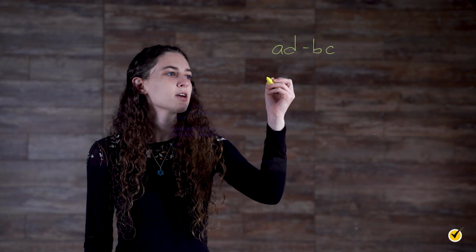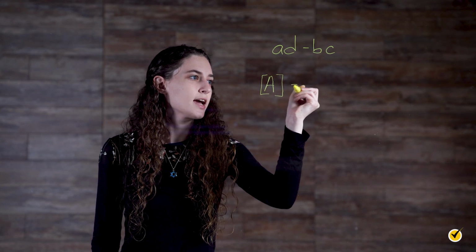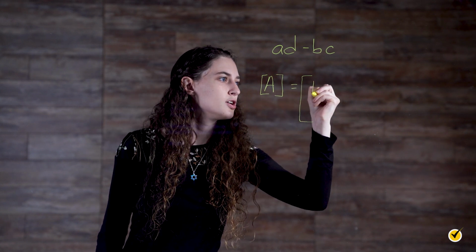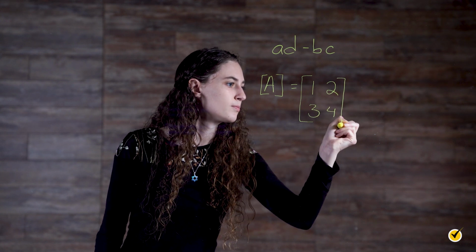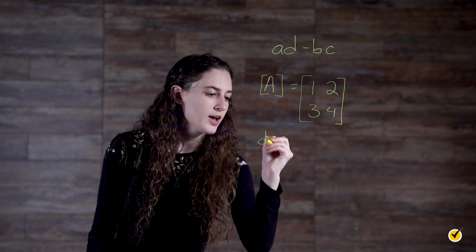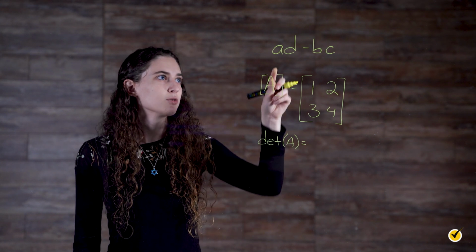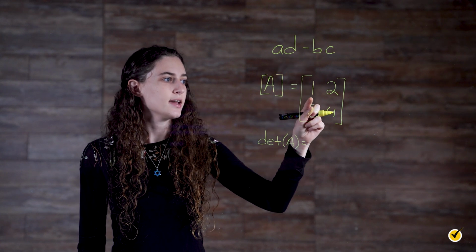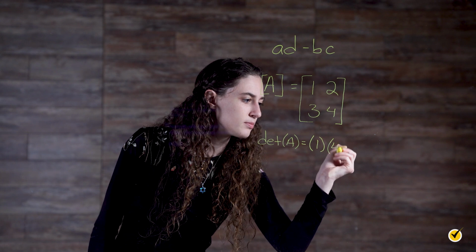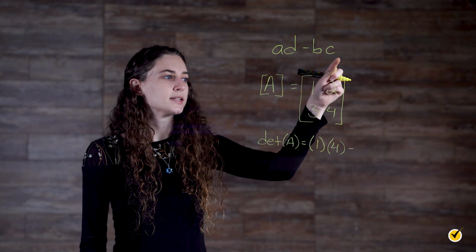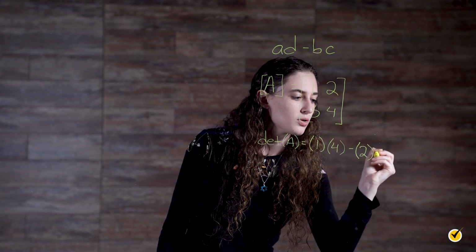For example, let's look at matrix A. If matrix A is equal to 1, 2, 3, 4, then the determinant of A is equal to AD, so A times D, 1 times 4, minus B times C, B times C, 2, 3.